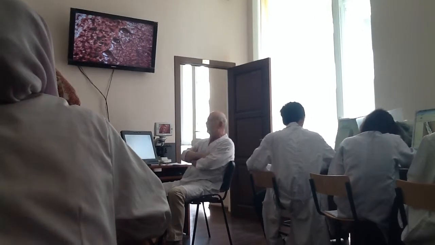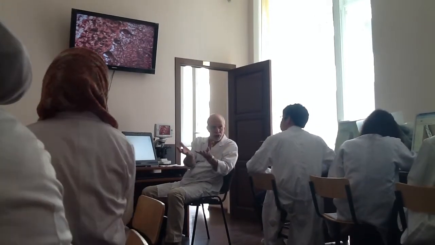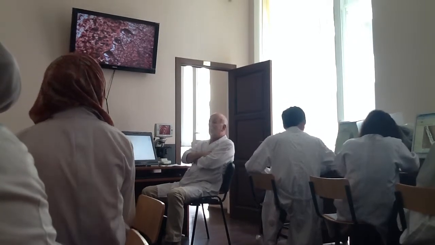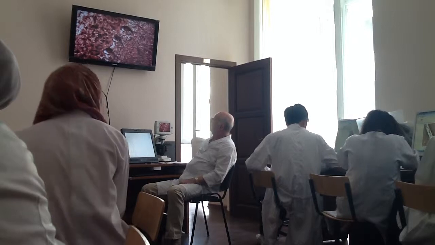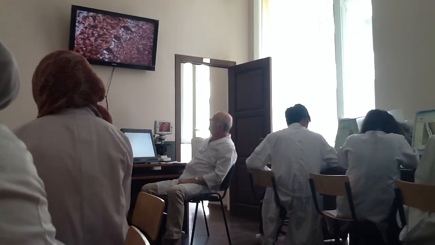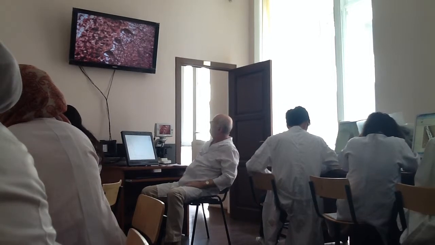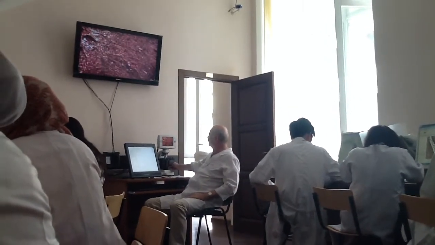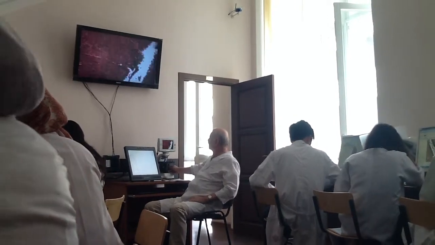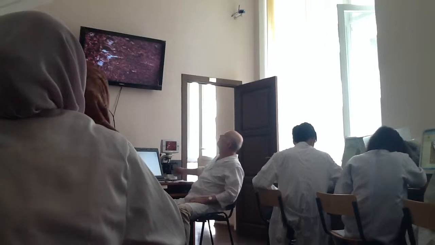Purkinje cells, piriform cells, piriform, pear-shaped, are ganglionic neurons. Their perikarya form the ganglionic layer. This part of the cortex is the molecular layer of the cerebellar cortex.